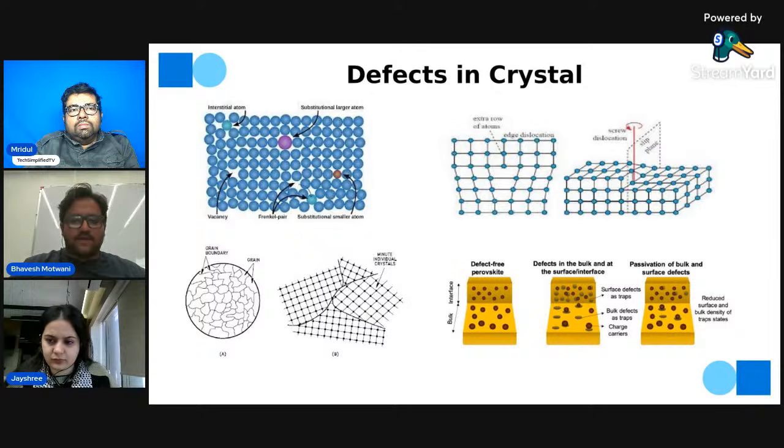There are some defects which can be understood through crystallography: interstitial defects can be there, and substitutional larger atoms can get in while doing all these processes. There can be screw dislocation. Then a crystal grain boundary can become bigger if we are not able to manage the temperature and pressure during these processes.